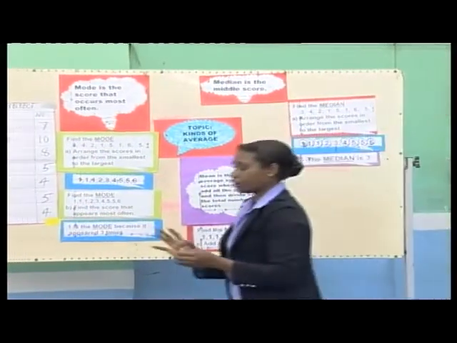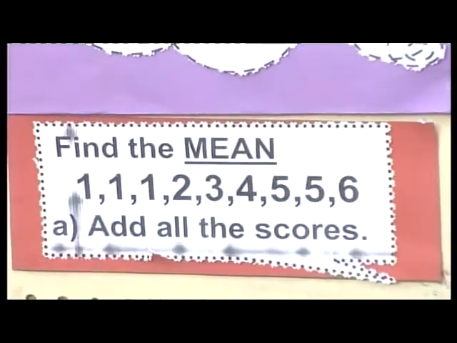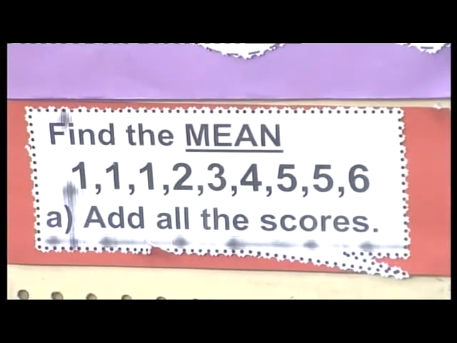So when we are adding, I'd like you to quickly add all those 9 scores, and if you have come up with an answer to that, you can raise your hand up so that we can use the formula now to work out the mean. First step, add all those scores.